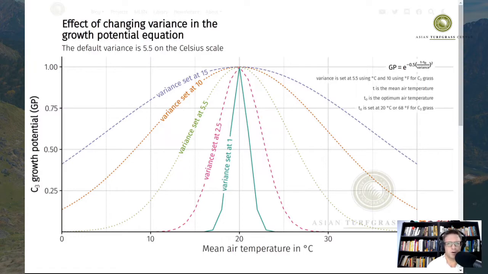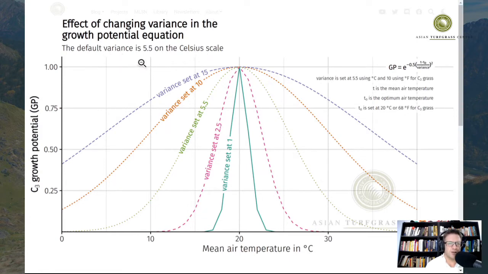No, optimum is the wrong word there. The standard value. If you use a variance instead of 5.5, which is the standard, if you use a variance, for example, of 10, now the growth potential that comes out of that equation doesn't go down fast enough as you move the temperature away from the optimum.